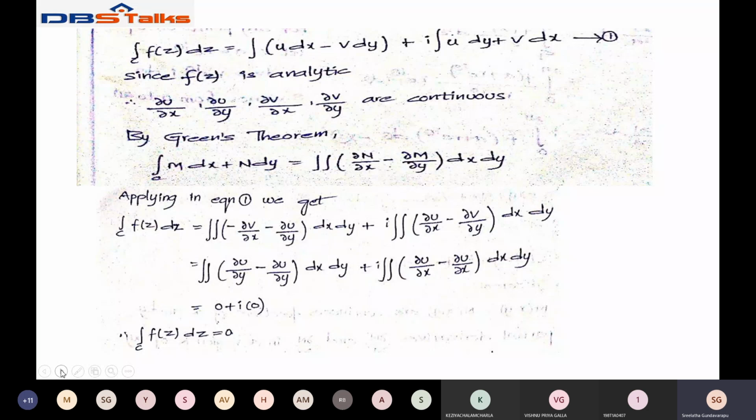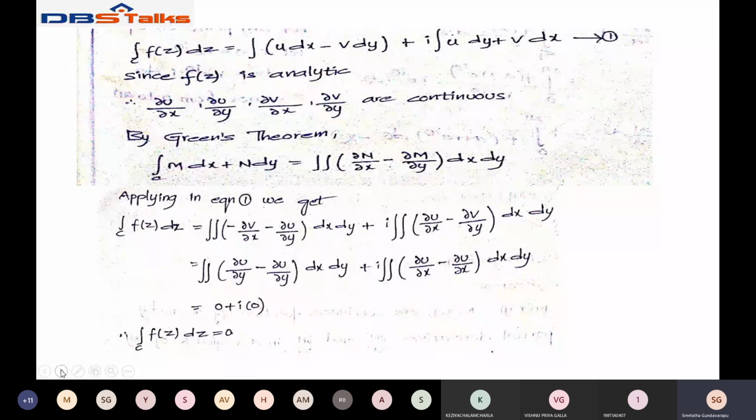Here M is v and N is u. So by using Green's theorem, i double integral dou N by dou x is dou u by dou x minus dou M by dou y is dou v by dou y of dx dy.